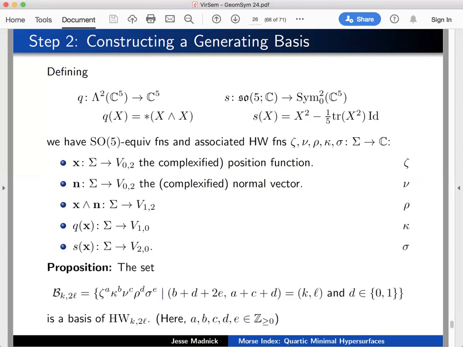And the key point is that these 5 SO5 equivariant functions on sigma, on the 8 manifold, are in a sense enough to generate a basis for all of the highest weight functions. So all of the highest weight functions on sigma can be obtained as monomials in these highest weight functions, where these are the highest weight functions associated to these equivariant functions.